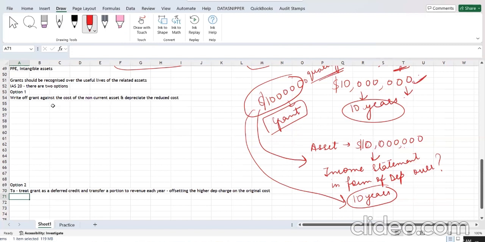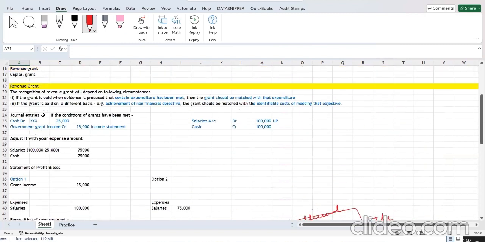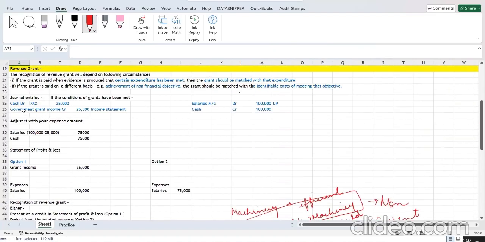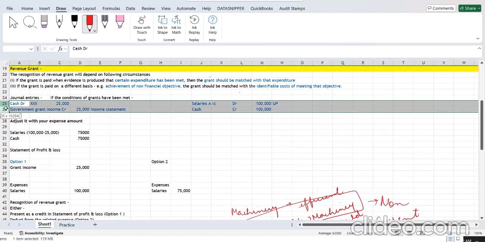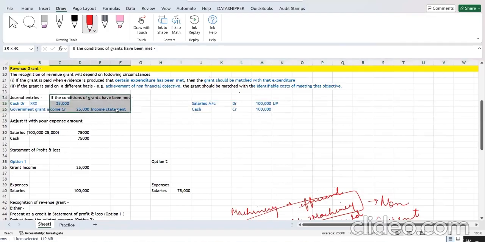Okay, so guys, one thing I want to add here with the revenue grant is that this is the journal entry that I told you that you would recognize when you receive the grant and the conditions have been met, right?